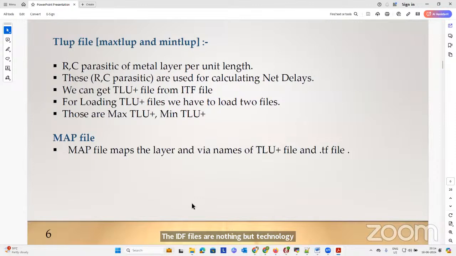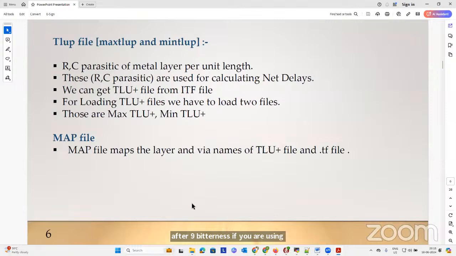For loading TLU+ files, we have to load two files, the max TLU+ file and the min TLU+ file. Max has maximum timing, area, and power delays, and min has everything minimum. Next is the map file. The map file has layer and via information. Layers are poly, oxide, metal 1, metal 2, metal 3, metal 4, metal 5, and up to metal 9 if you are using a 9 metal layer design.